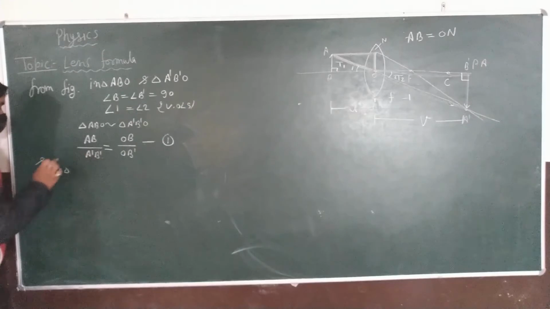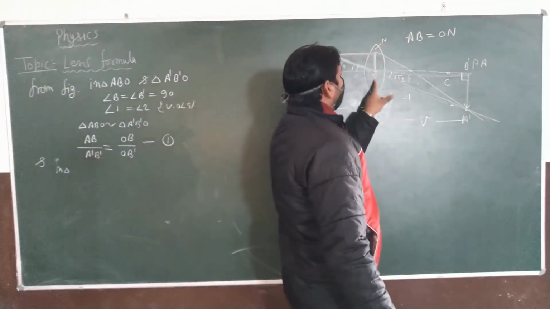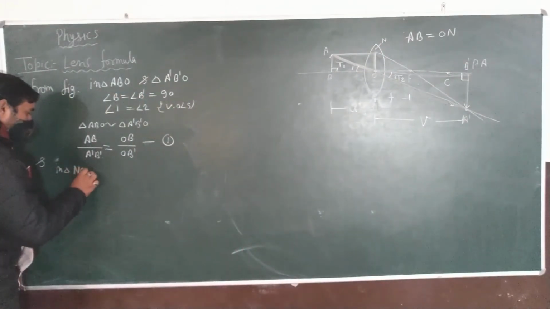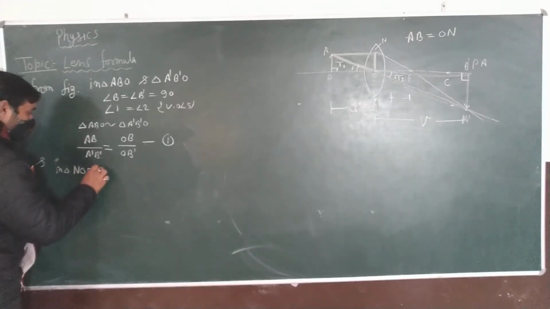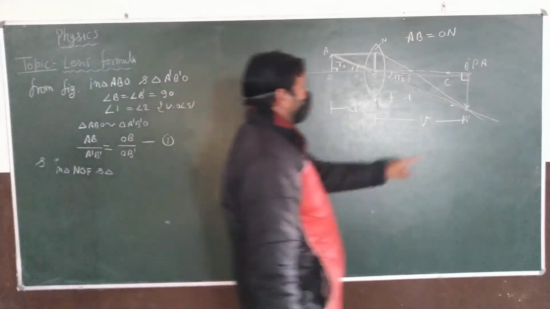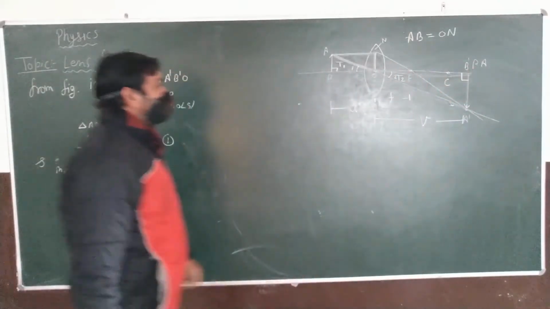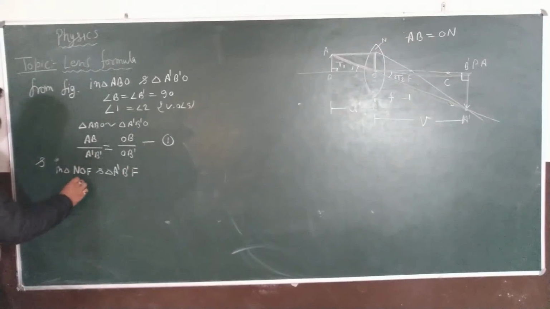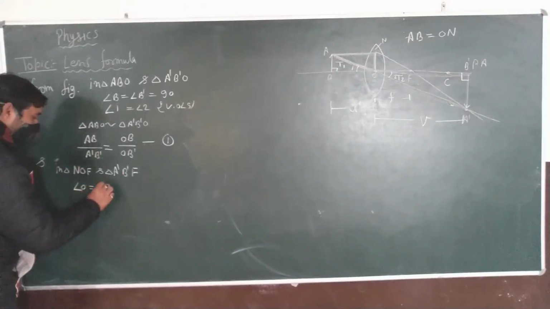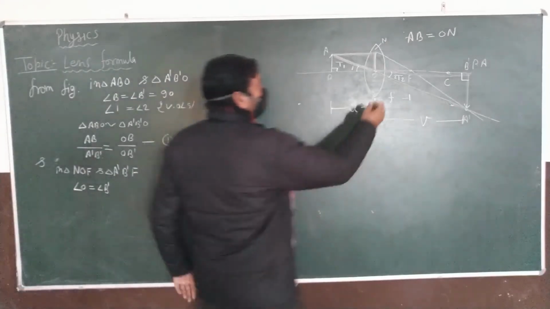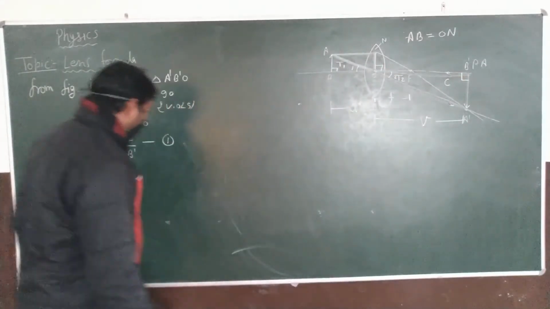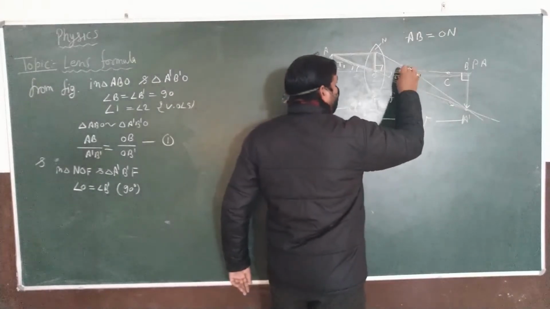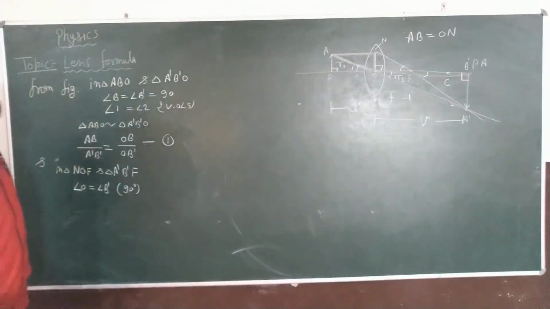And in triangle NOF and in triangle A dash B dash F. Okay, angle O equals angle B dash because in these two triangles each is 90, and similarly this angle and this angle are vertically opposite.